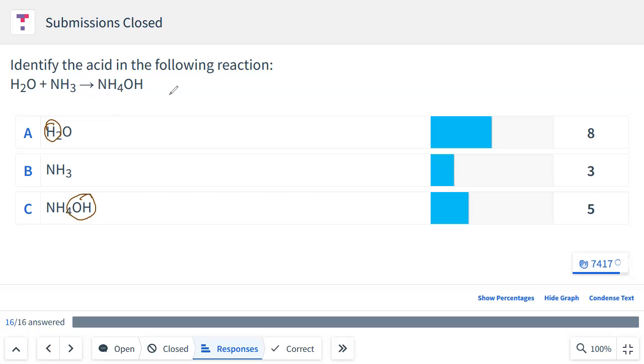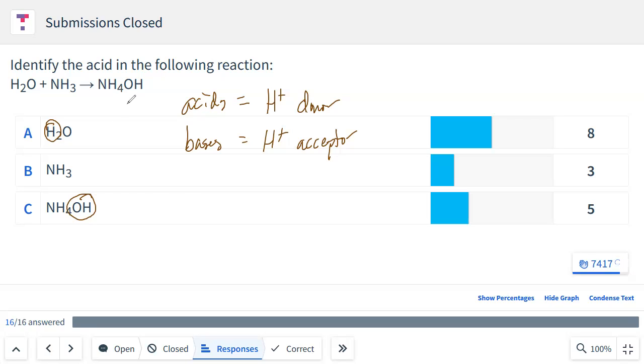So remember, under our Bronsted definitions, we're talking about acids giving up H plus and bases as taking H pluses. So where we need to go is we need to follow the hydrogen.